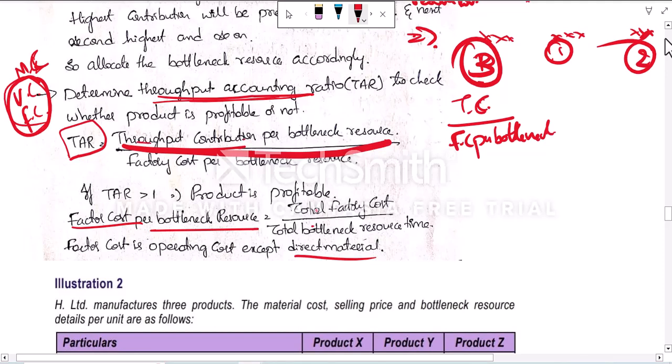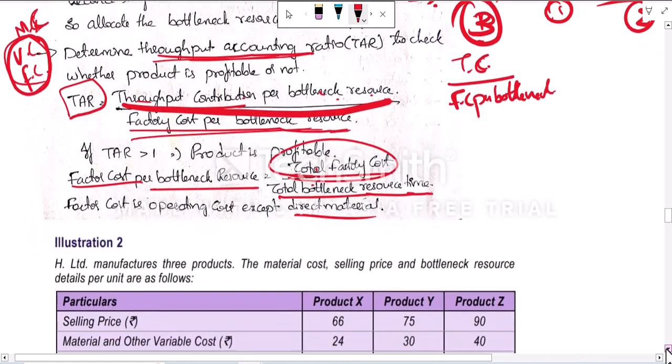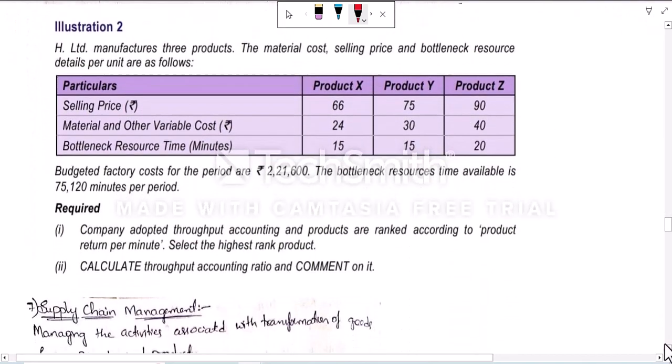Total throughput contribution per bottleneck resource divided by factory cost per bottleneck resource. Factory cost per bottleneck resource means total factory cost by total bottleneck resource. Factory cost includes every cost other than the material.